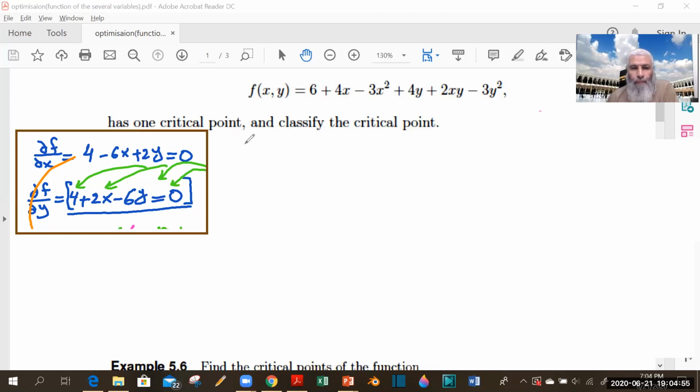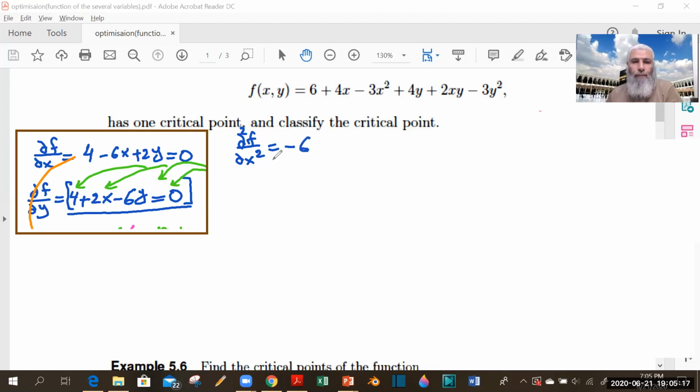So d2f/dx squared is what? From the first, from df/dx with respect to x, it would be just minus 6.